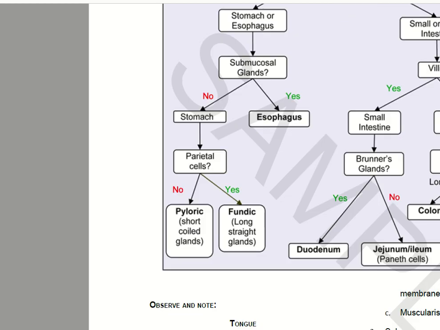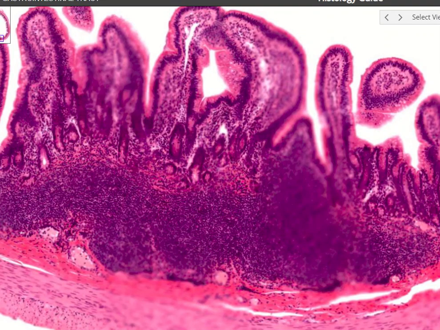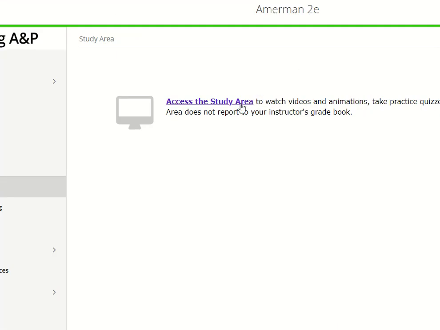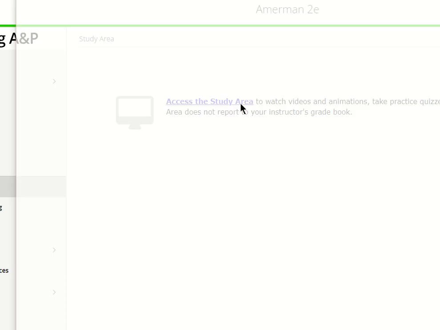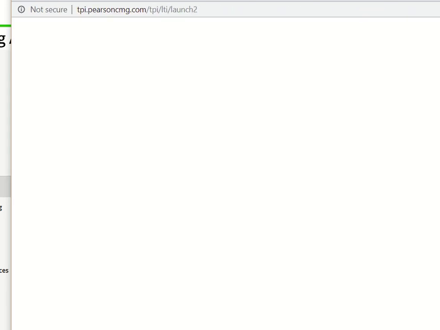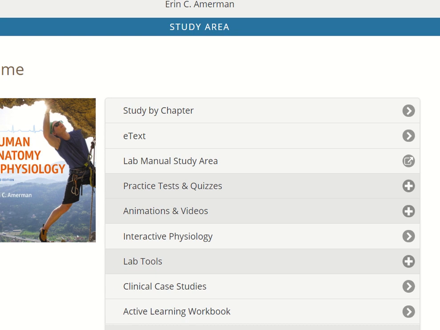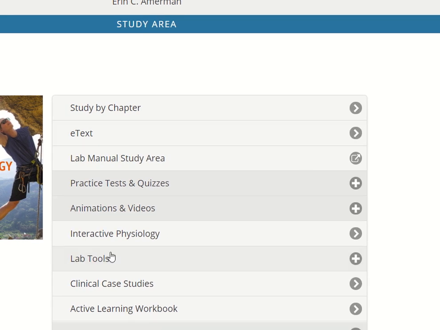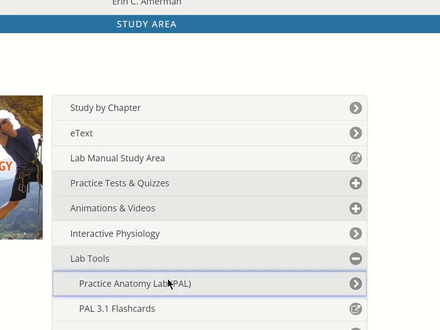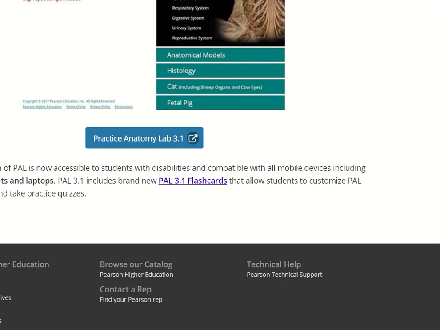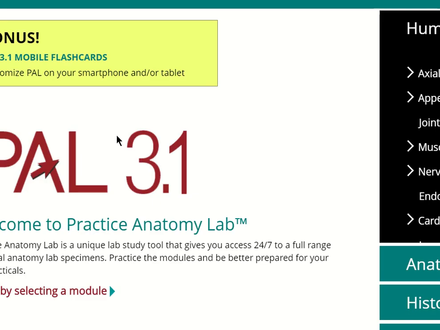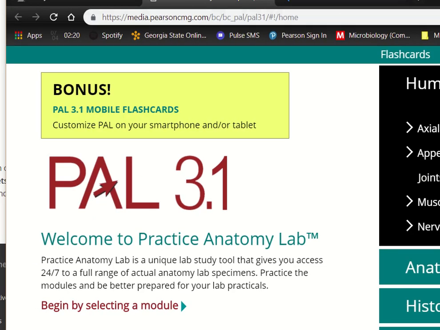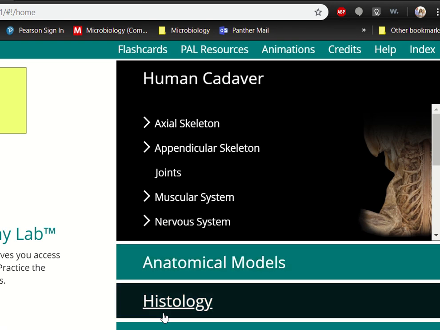Okay. And don't forget to practice on histologyguide.org, as well as your Mastering A&P website. If you go to Access Study Area, and then go to Lab Tools, and go to Practice Anatomy Lab, PAL, and go to Practice Anatomy Lab 3.1, and you go to Histology.